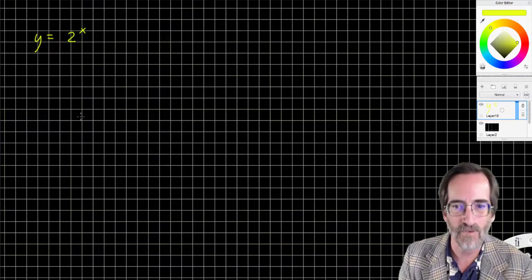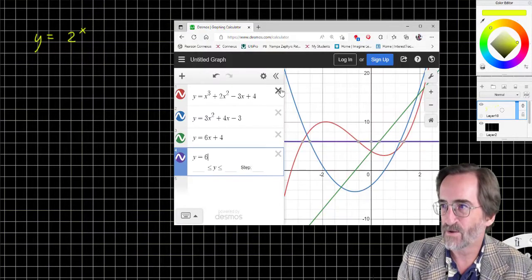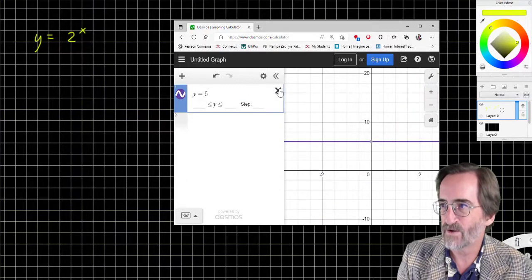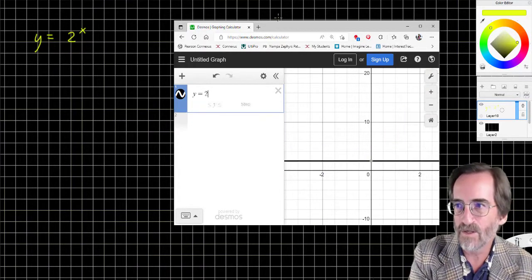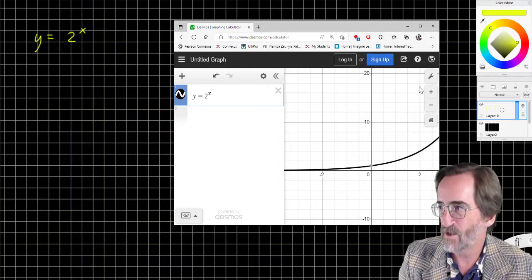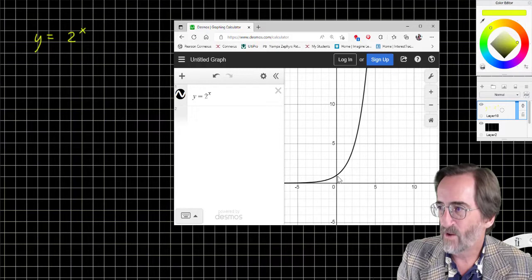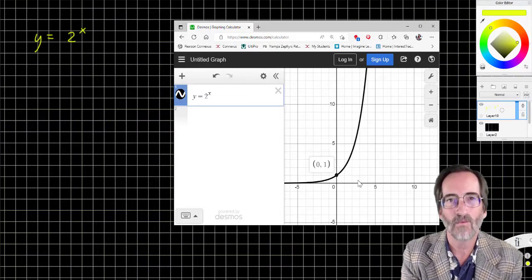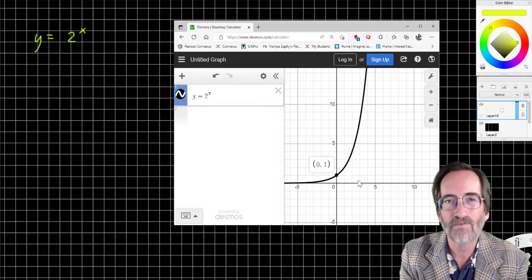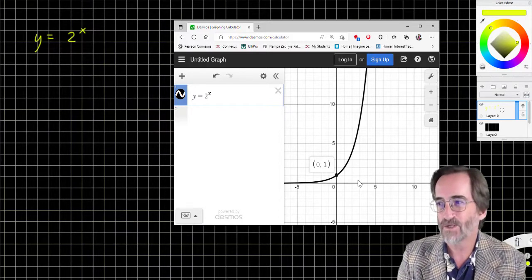And we're going to go to Desmos and look at a graph here. Okay, so let's clear out all the other stuff here, and let's graph y equals 2 to the x and look at the parts of the function here. The y-intercept is 1, right? The y-intercept of any exponential function is 1 unless you put a multiplier in front of it to change that, right?